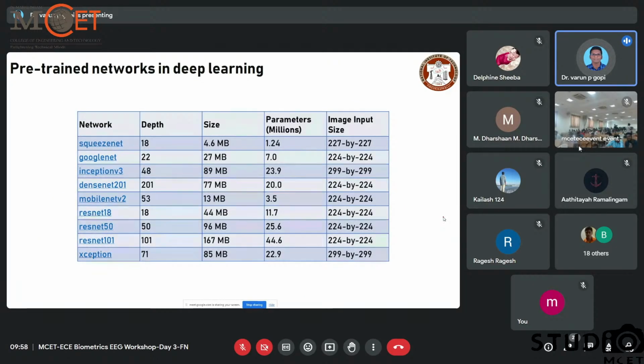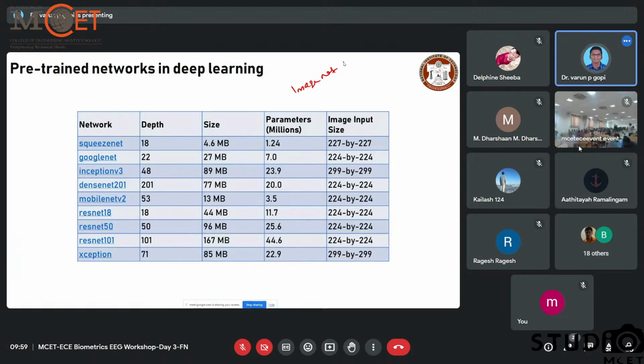And now we will see a set of pre-trained neural networks. Pre-trained neural networks means the neural networks which are developed by Google or Microsoft or other researchers, and those are trained on the ImageNet dataset. ImageNet is a general dataset which contains natural images.